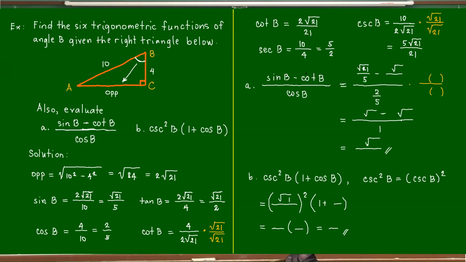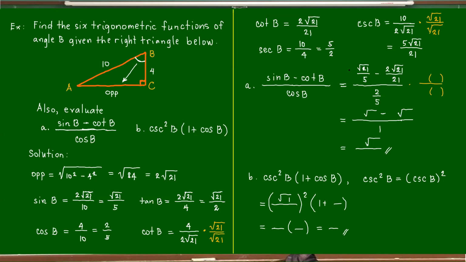And then, what about cotangent B? Cotangent B is 2 square root of 21 over 21. Okay? And then cosine B is 2 over 5. So that is cosine B.